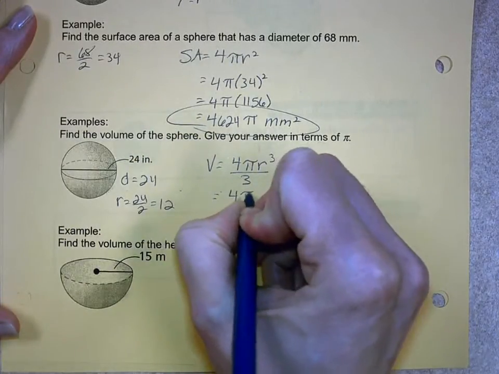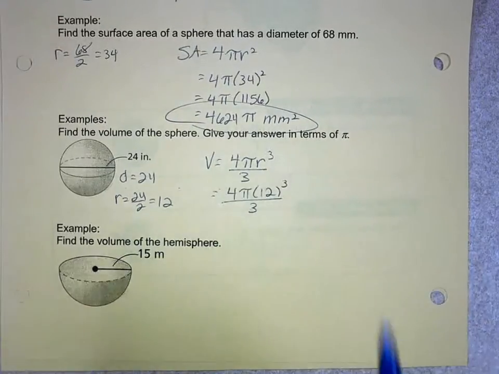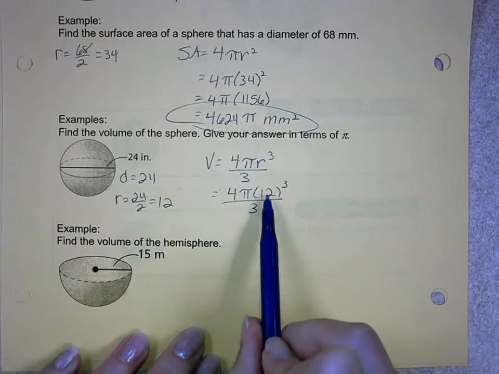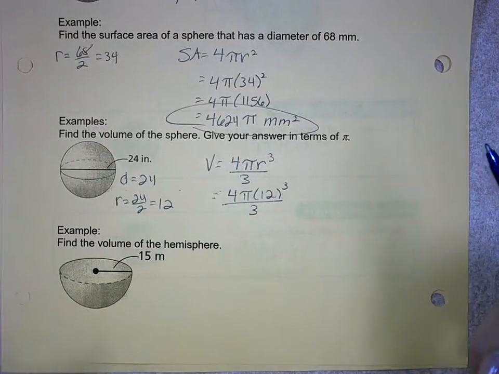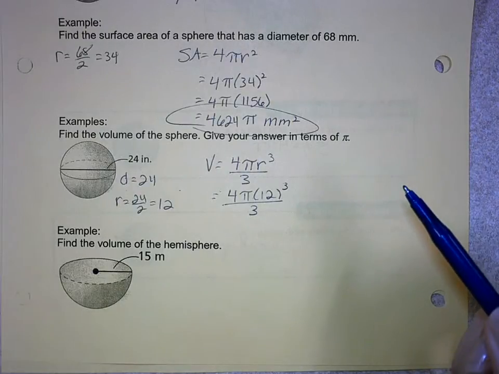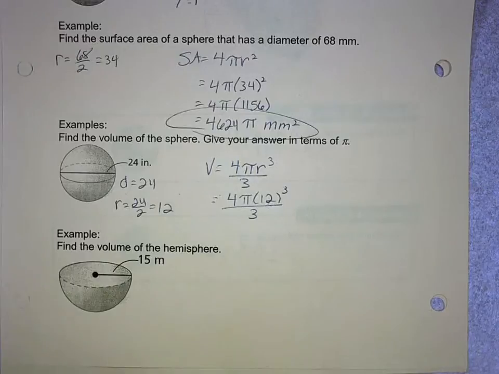So I get 4 pi times 12 cubed over 3. Now here's a hint for those of you wondering whether to leave it as a fraction or not. If 3 can go into the radius at least once, you know you're not going to have a fraction for an answer. But if it cannot go into this number, it will be a fraction for an answer.